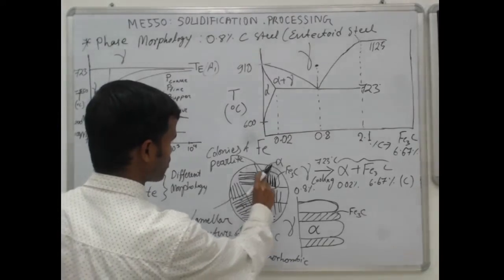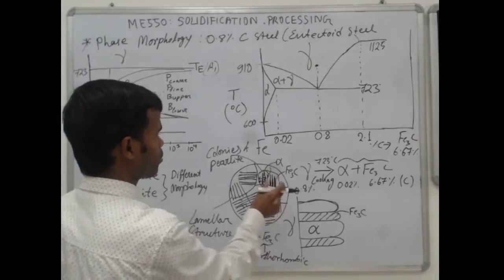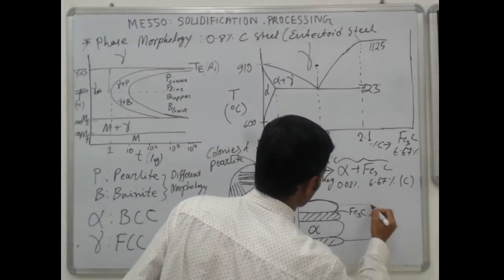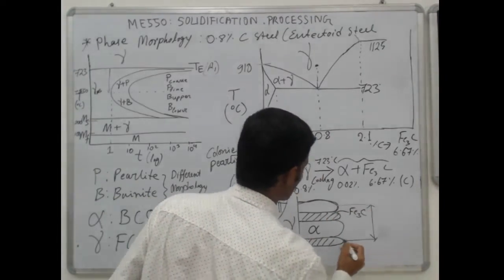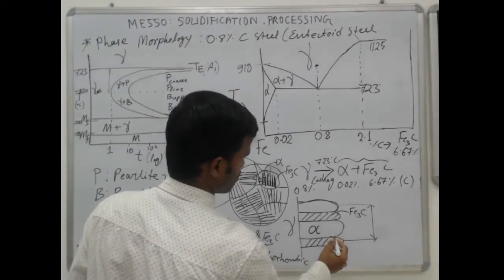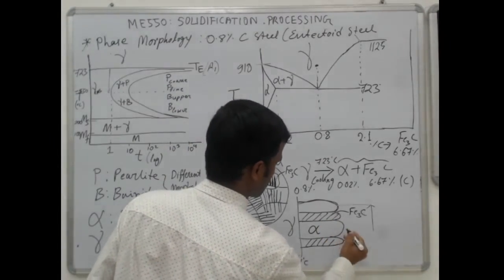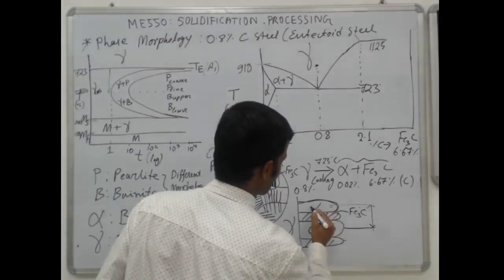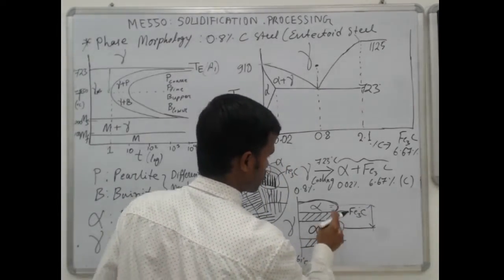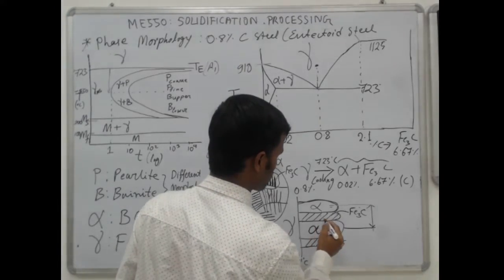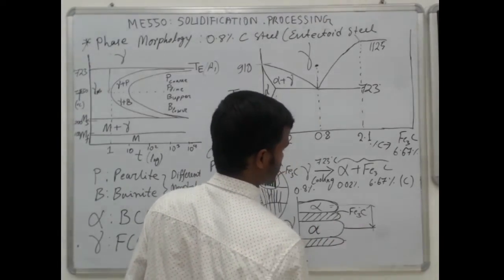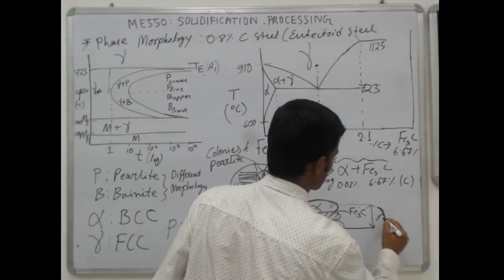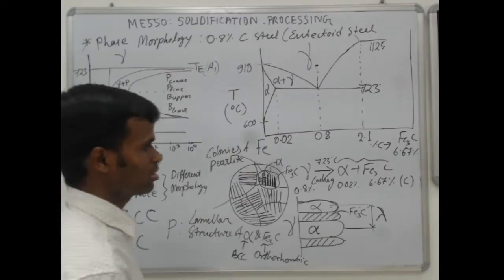So different colonies will have different orientations. Now the distance between this ferrite and this ferrite, two consecutive alpha or two consecutive cementite layers, is called the interlamellar spacing, lambda.